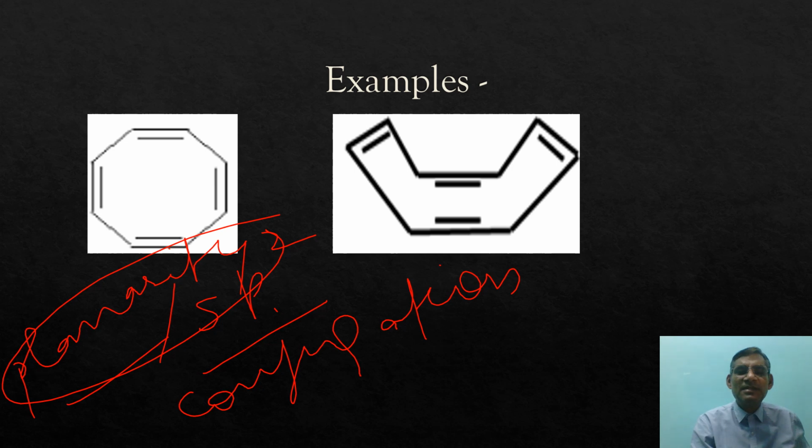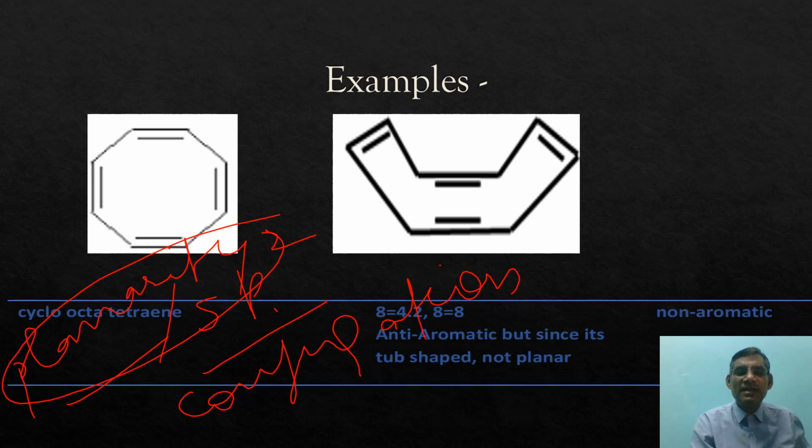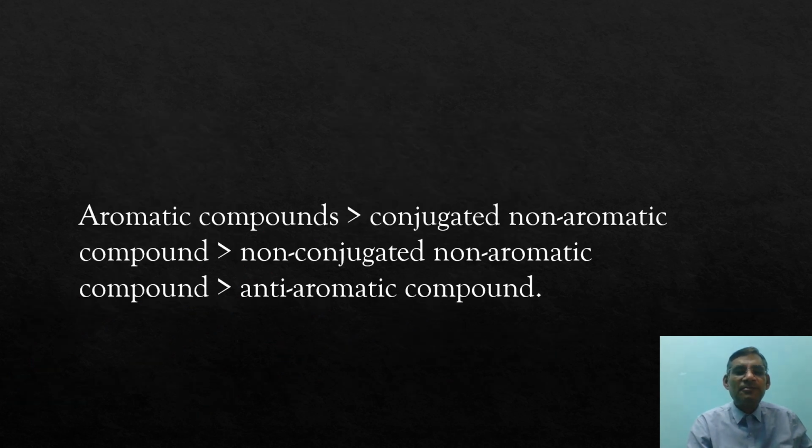Its shape will be like this, and a tub is not planar, it is three-dimensional, not two-dimensional. Since its shape is tub shaped, not planar, it won't be aromatic or anti-aromatic, it will be non-aromatic.